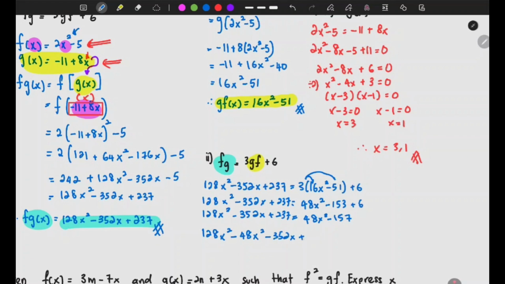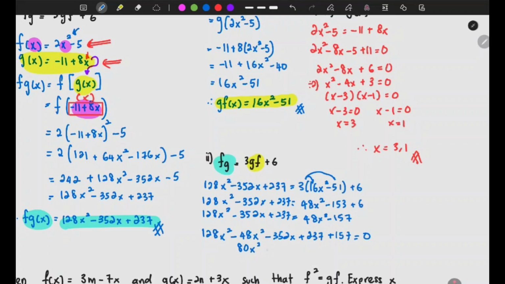So 128 minus 48, you get 80x squared minus 352x. 237 plus 157 is 394. This is equal to 0.